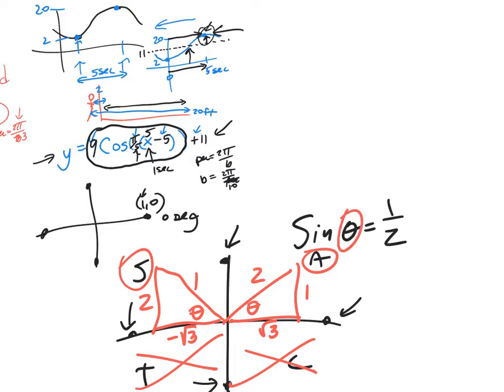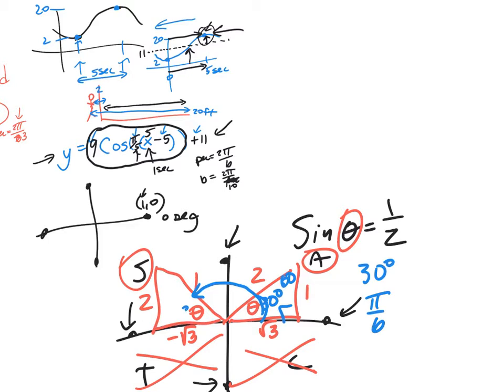All right, well, if sine of the angle is 1/2, what's that triangle that has the 1, 2, and square root of 3? Oh, that's the 30-60-90 triangle. So that's a 30-degree angle. 30 degrees, or what you should write, because usually they're going to ask for radians, is pi over 6. And the other one was a whole bunch of 30s.